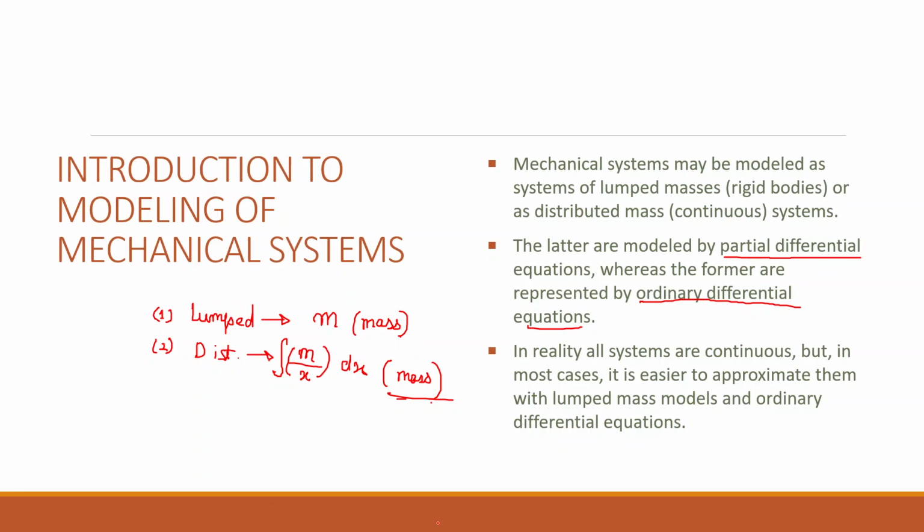Solving partial differential equations is quite hard compared to ordinary differential equations. So we always choose to make a lumped model so that we can solve it easily. In reality, all systems are actually continuous, but it is easier to approximate them with a lumped mass model and solve using ordinary differential equation methods.